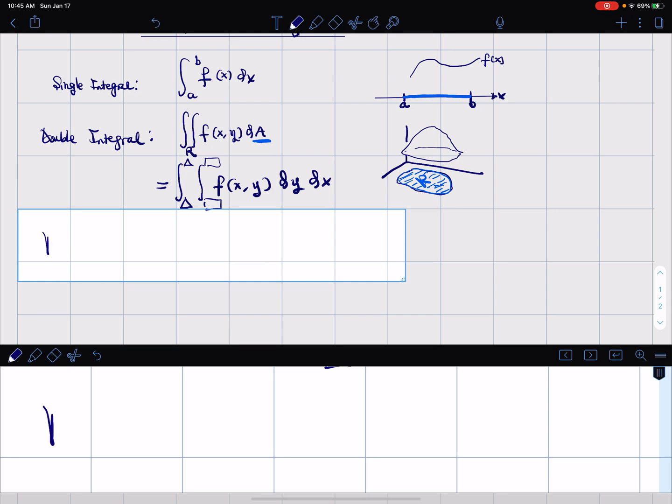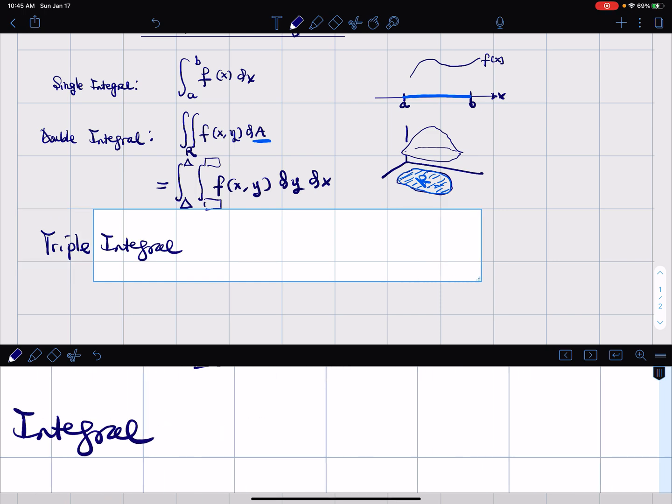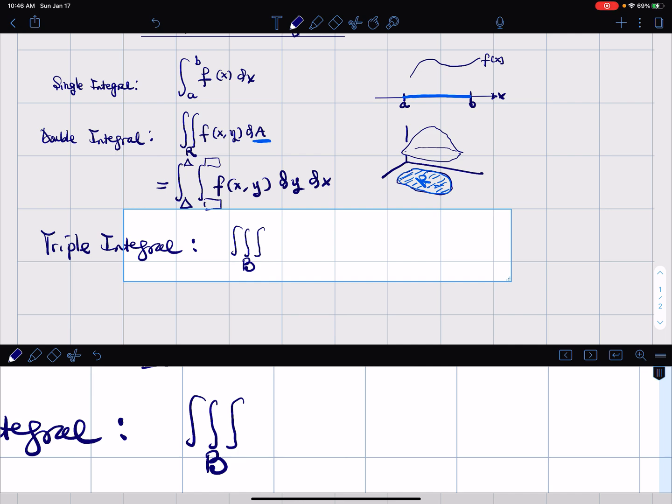Triple integral is what we're doing today. In a triple integral, our region of integration is now a volume, like a 3D region.